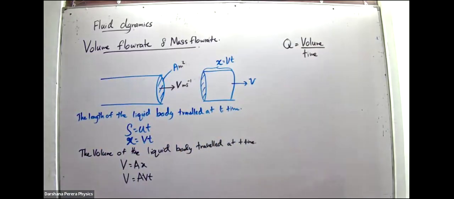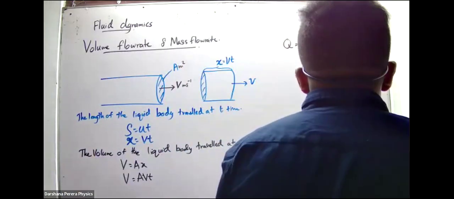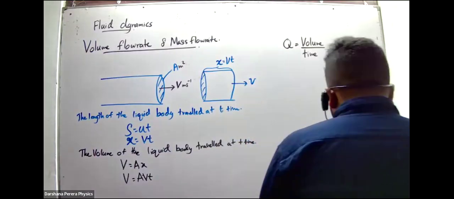Write down. It is denoted Q. Q is the volume over time.